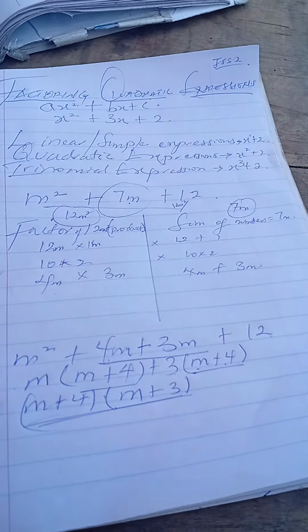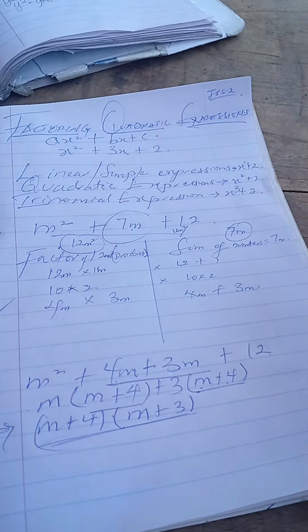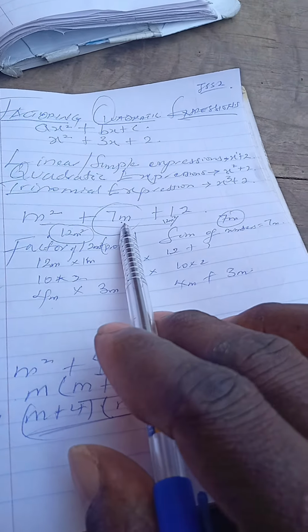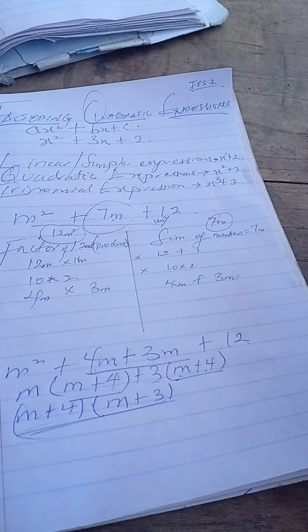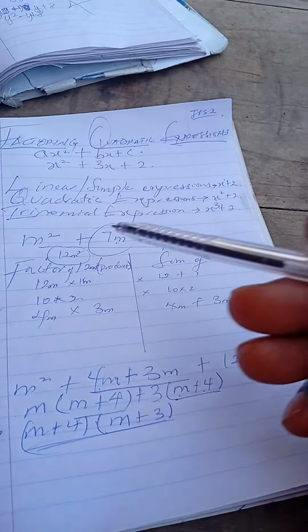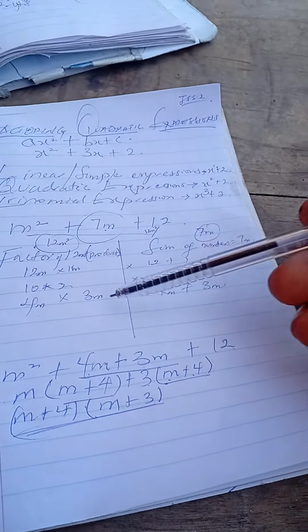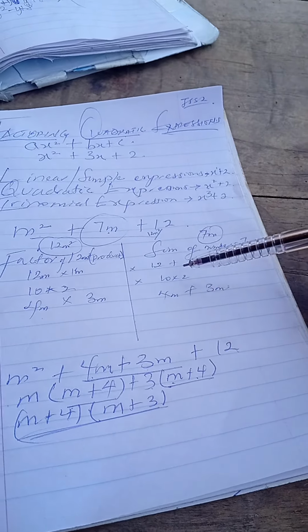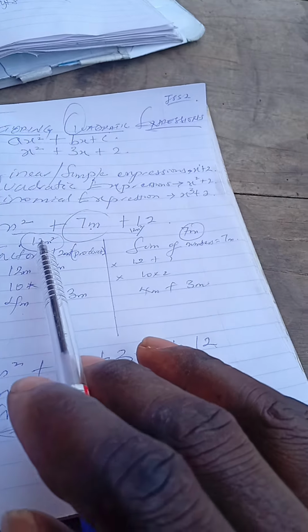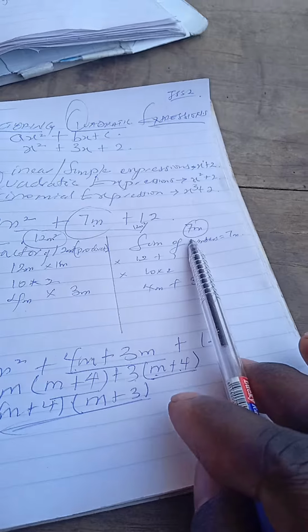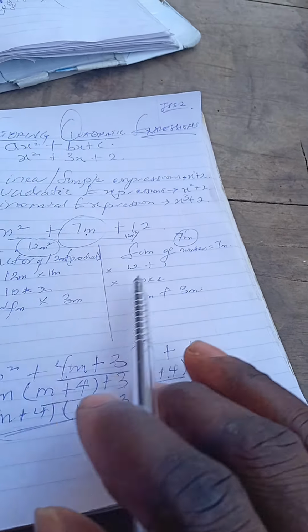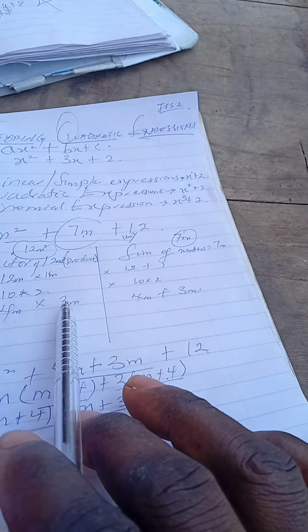So you now look for 2 numbers, 2 factors, such that when you add them, they give you 7M, and if you multiply them, they give you 12M squared. You check many numbers to see the one that goes in line with both the multiplication and the addition. Out of all the numbers we've tested, we have 4M and 3M.